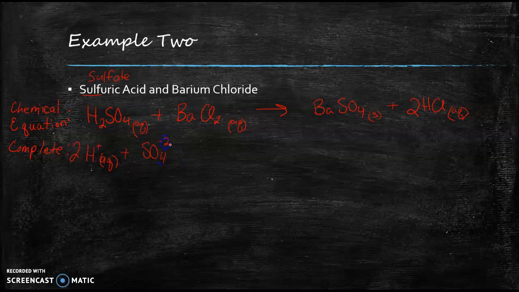Sulfate has that -2 or 2 minus charge and is soluble. Barium has that +2 or 2 plus and is soluble. Chlorine, we have that subscript of 2 that's going to pop out as our coefficient with a -1 charge and is soluble.